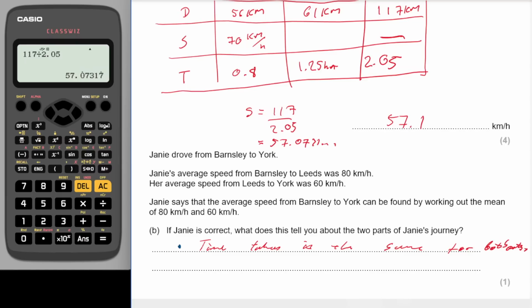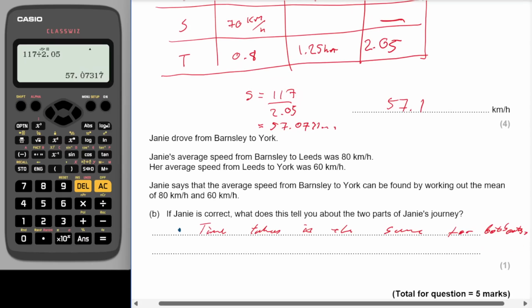The other option is the distances, so 60 over 80, 3 over 4. So the other option is that the distance from Leeds to York must be 3/4 of the distance from Barnsley to Leeds.